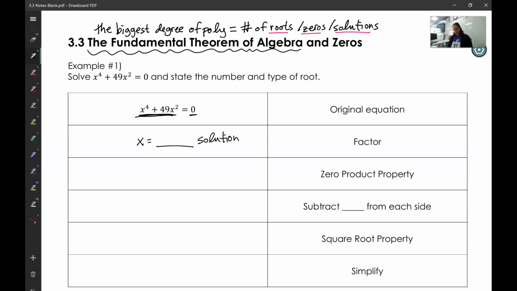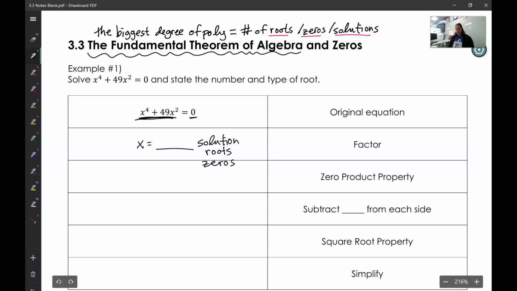These x equals something are also the roots of that equation. They are also the zeros of that equation. All three of those words mean the same thing. It means solve it out, get your answers.